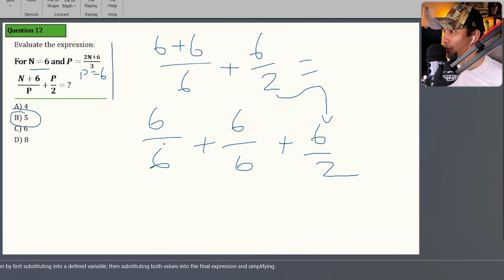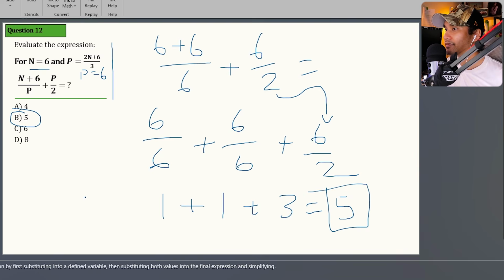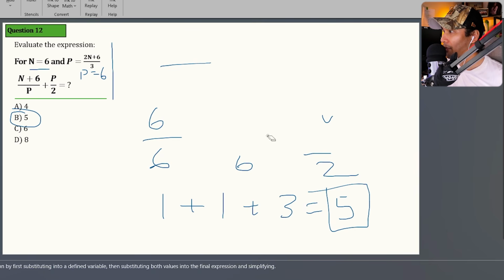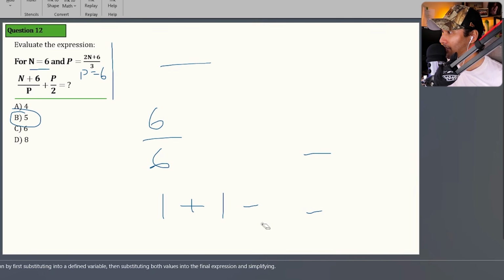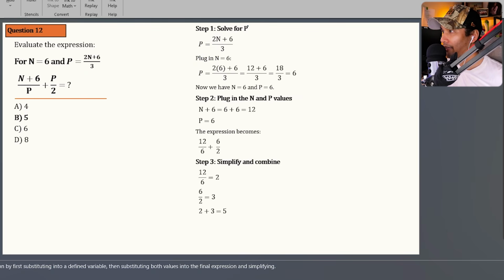And this equals 1, right? 1 plus 6 over 6 is 1, plus 6 over 2 is 3, equaling 1 plus 1 plus 3 is 5. So you could have done it like that. Okay? Doesn't matter. I think you would solve the problem in the same amount of time. So, I don't know why I'm erasing, but yeah. Let's go see what we have here.